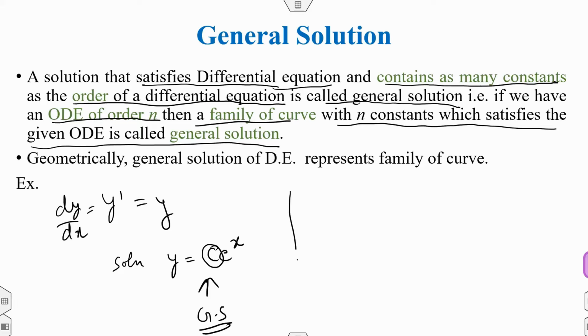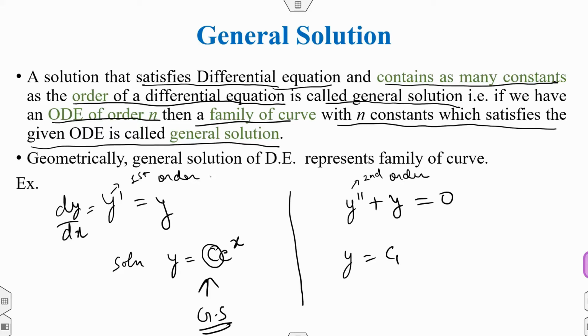Another example: if I take a differential equation like this, you can easily see that this is a second order differential equation, and this was the first order differential equation. So the solution will be like this. As we move further, we will see how the solution comes out to be this.